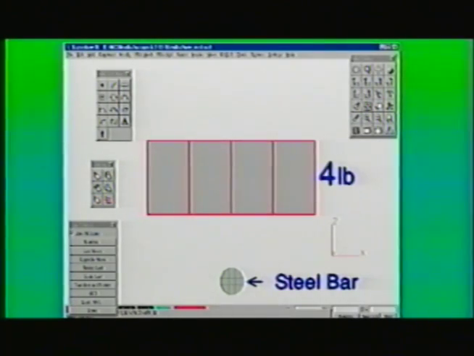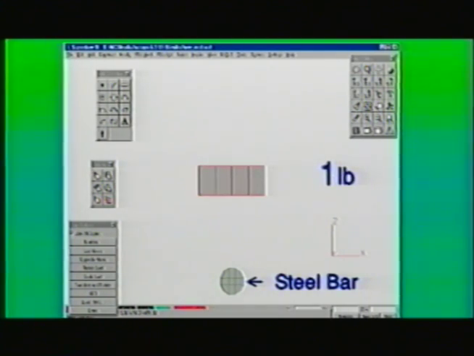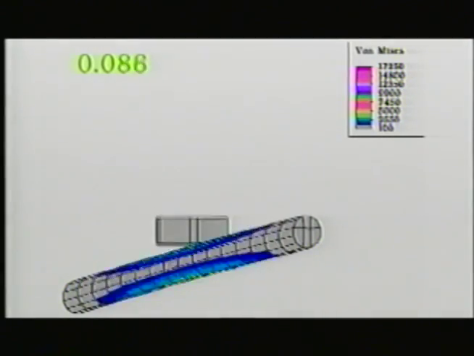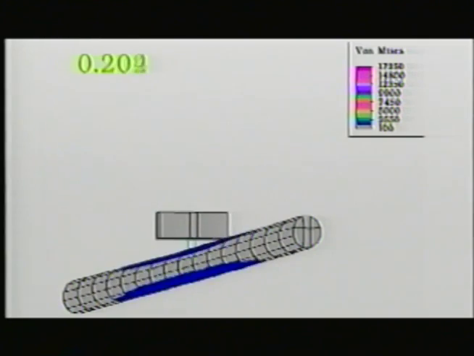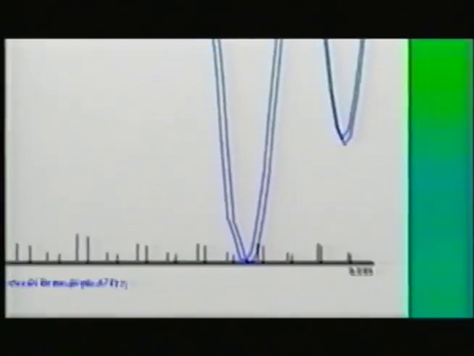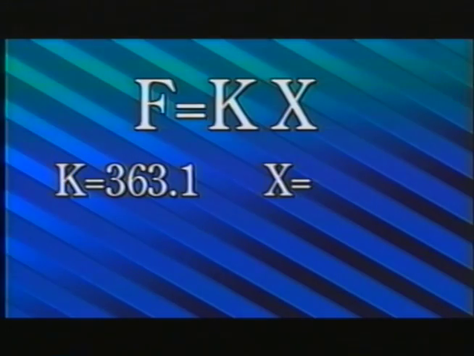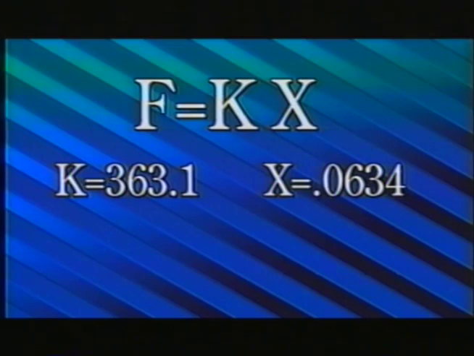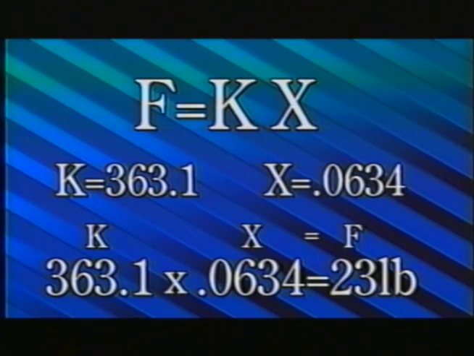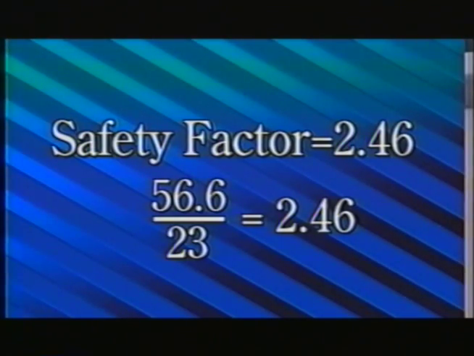Let's rerun the virtual experiment with 1 pound instead of 4. Now the process is taking place. And the deflection is 0.0634. Plugging this into the equation for force, we get about 23 pounds. So the safety factor is only 2.46.